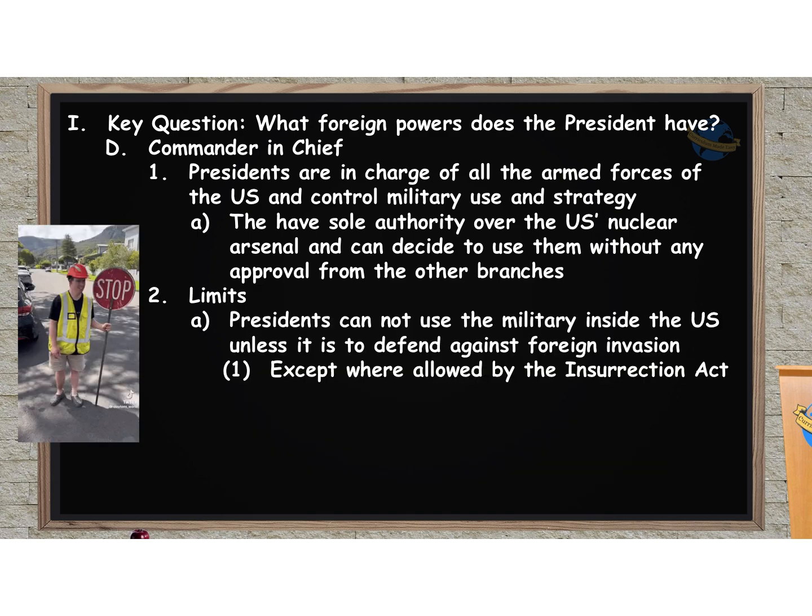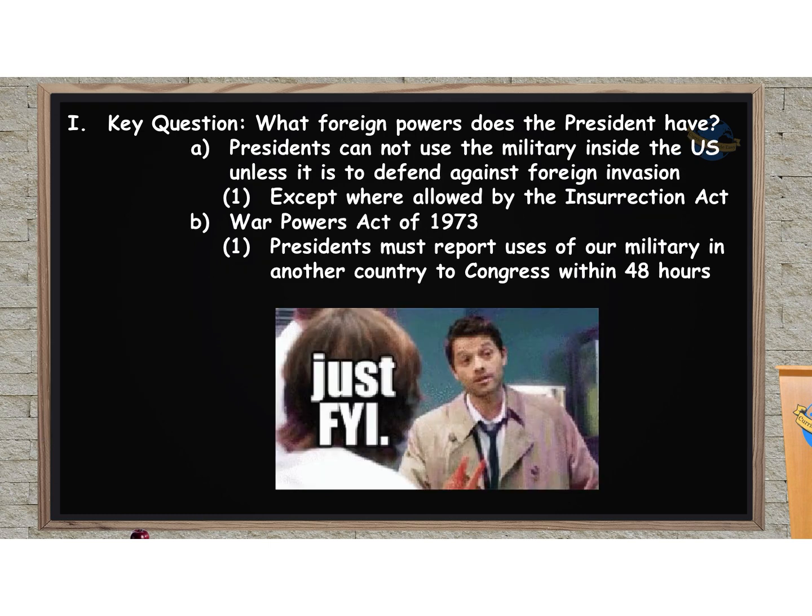For instance, they are not allowed to use it inside the United States unless it's to defend from foreign invasion, except where allowed by the Insurrection Act, which we'll get to. Another limit was placed on the president's use of the military with the War Powers Act of 1973. This law says the president must report the use of our military in another country to Congress within 48 hours.